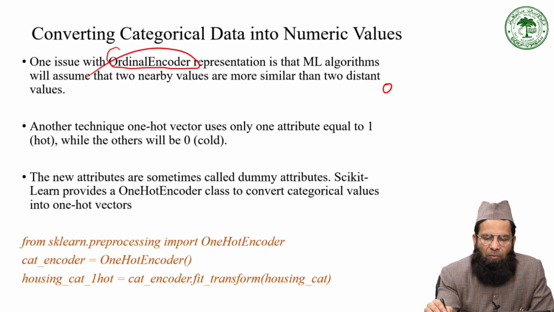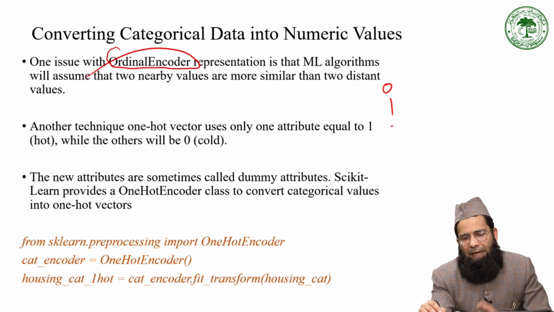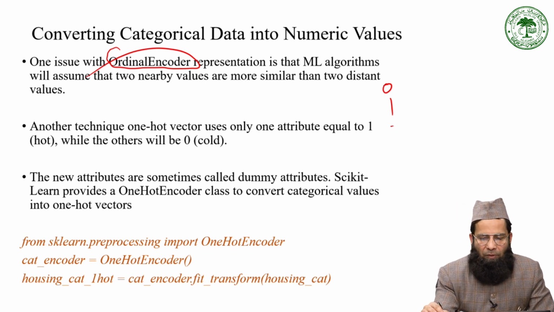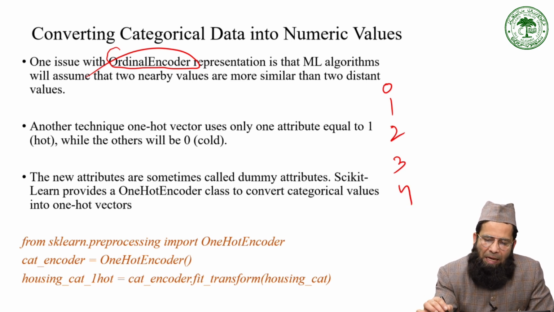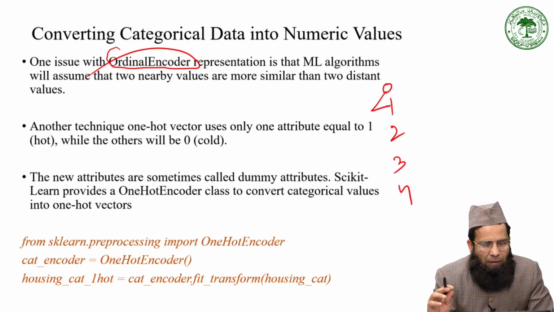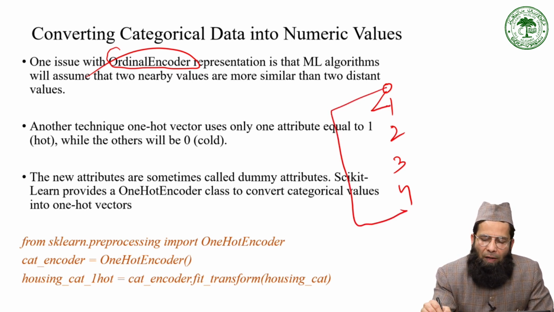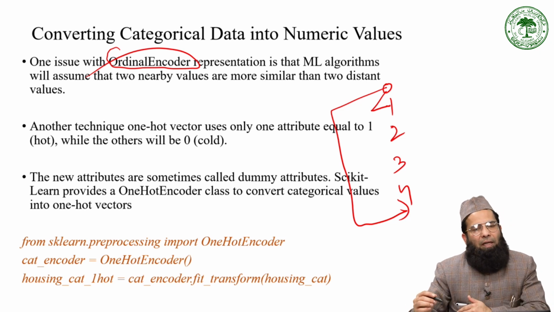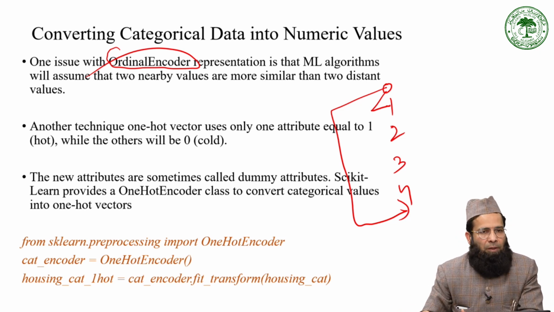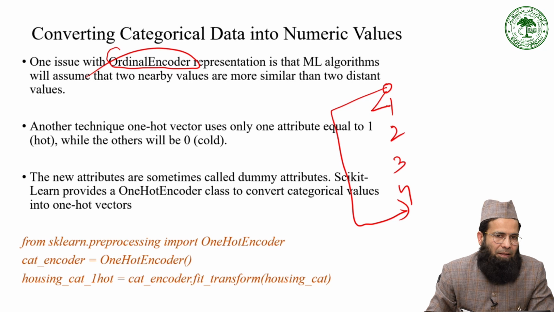Let's say you have 5 different categories, and you converted categorical data into numerical values. So it has generated these values. What would the machine learning algorithm do? It would consider that these two values are more similar as compared to 0 and 4. But actually there is no such relationship as far as categorical data is concerned.